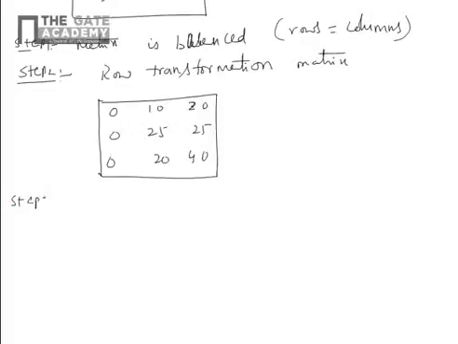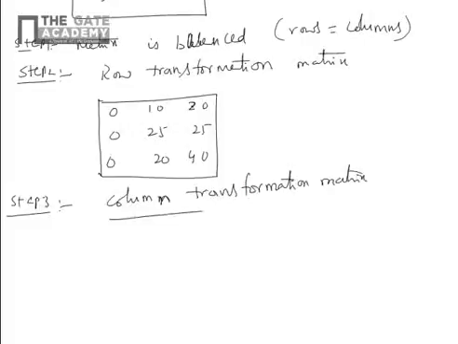Second step, step 3, create the column transformation matrix. Again similarly subtract the minimum value from the other values in that column. 10 is the minimum value in column 2.